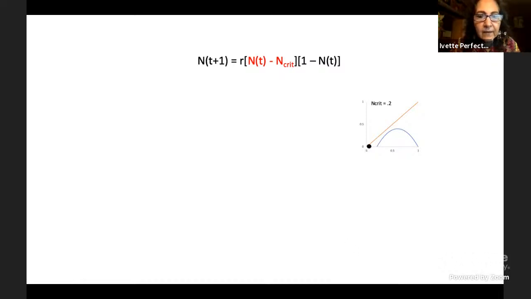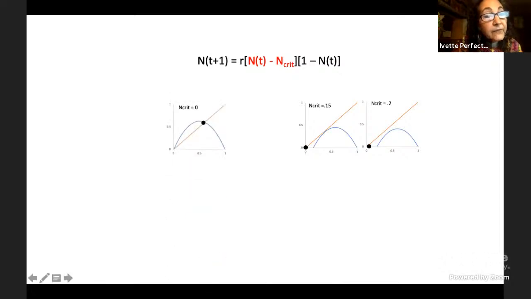If we decrease the n-crit, getting closer to 0 here, then still you don't get to intersect the line, and you still have this equilibrium point at 0. Now, if you decrease it even further to 0 in this particular case, or very close to 0, then you have basically one equilibrium point, which is this point here at high level of the scale.